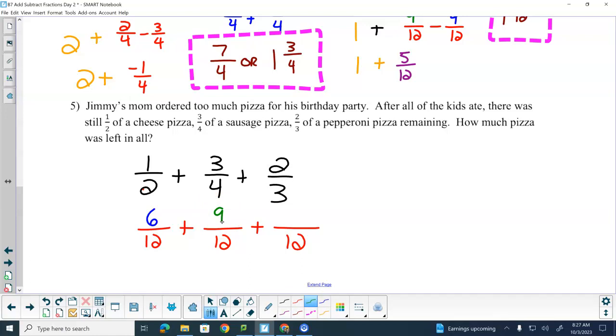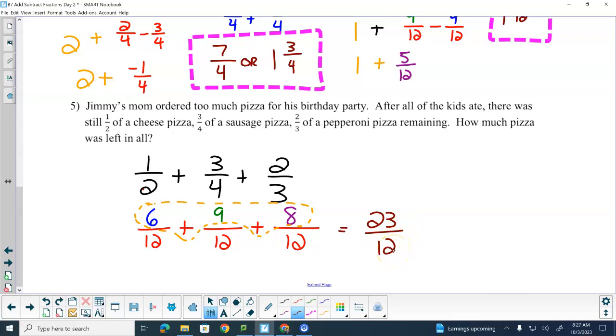How many 12ths is 2/3? Multiplied by 4, so then it becomes 8. Yep. Now that we have common denominators, we can add all of those tops. 6 plus 9 is 15, plus 8 is 23. And that is still over 12.